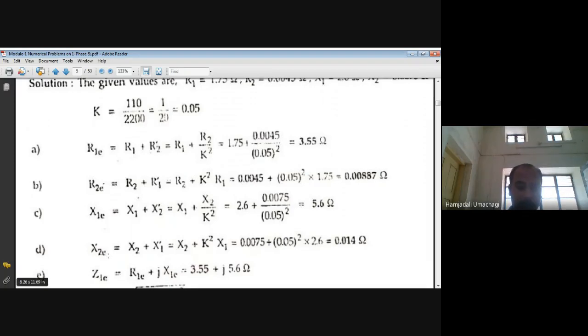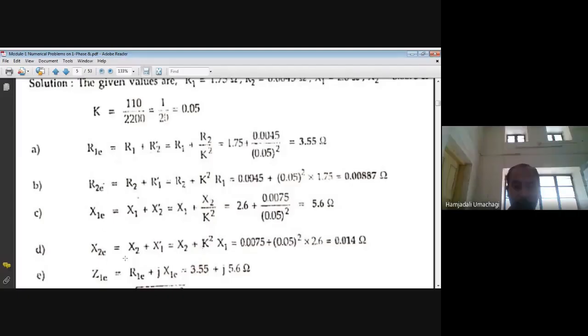Then X2E, that is the fourth parameter, secondary equivalent leakage reactance. X2E means keeping secondary reactance on the same side, and you transfer primary reactance to the secondary, so you are moving in the forward direction, with K square. So X2E is equal to X2 plus X1 dash, that is X2 plus K square into X1.